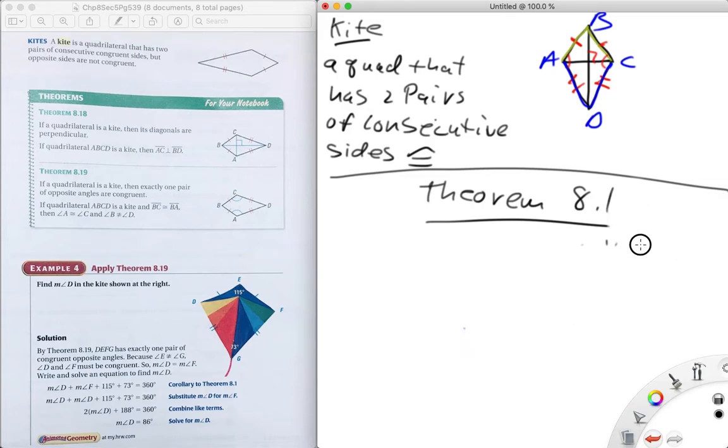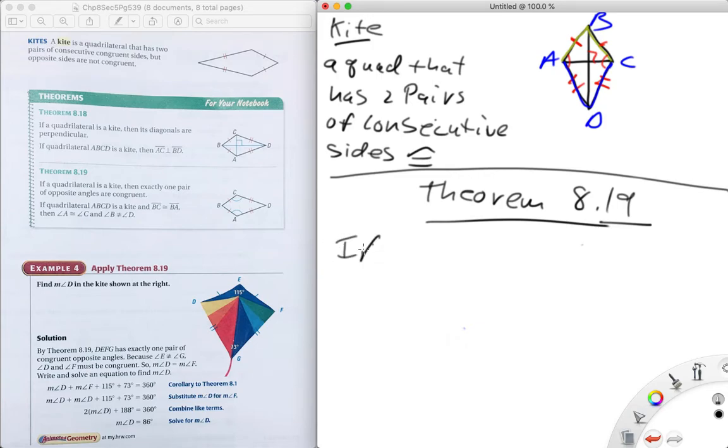Okay, and then 8.19. We have A and C. So the way I think about it is the parts that are not congruent to each other, when they touch each other, they produce the opposite angles that are congruent.